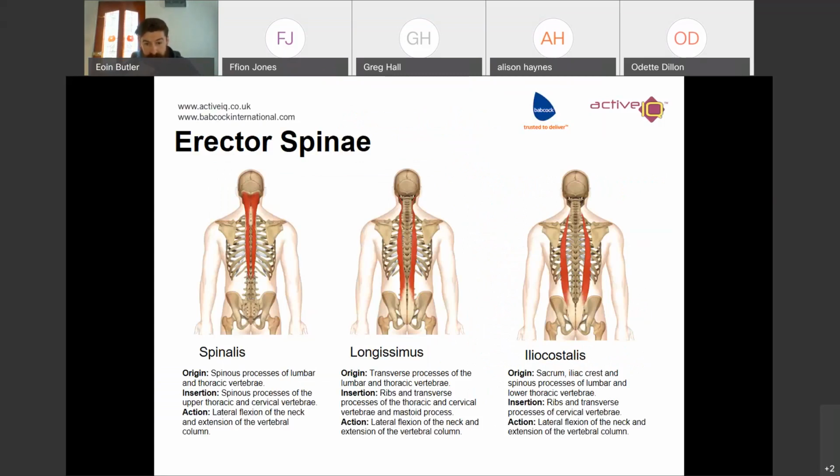Longissimus comes out a little bit from the spine, and iliocostalis comes out a little bit further. The actions of all 3 are lateral flexion of the neck, and they extend the vertebral column. The erector spinae's main function is spinal extension, but it will also help with lateral flexion of the neck.